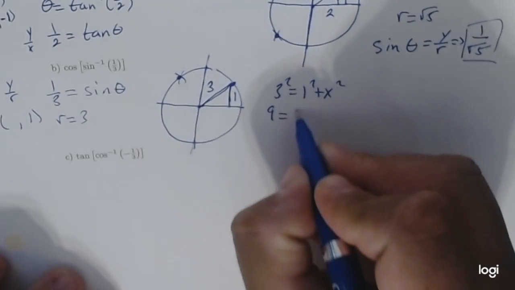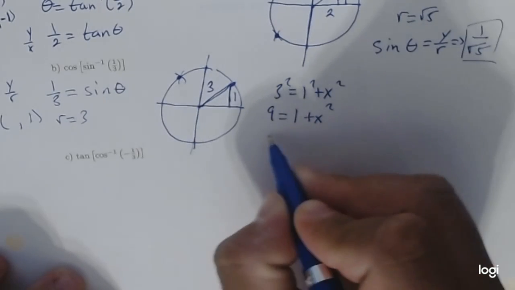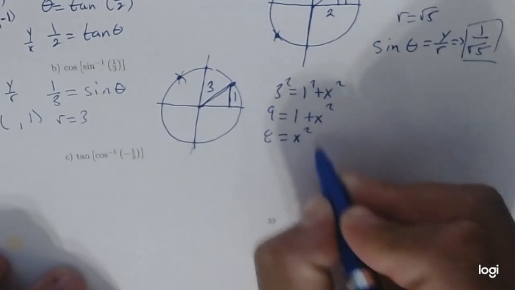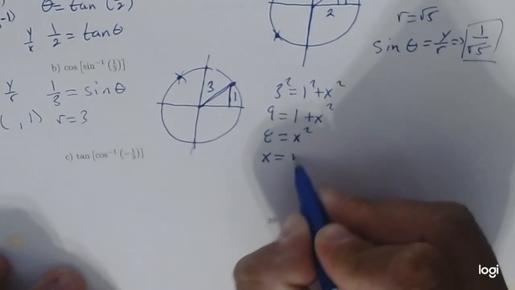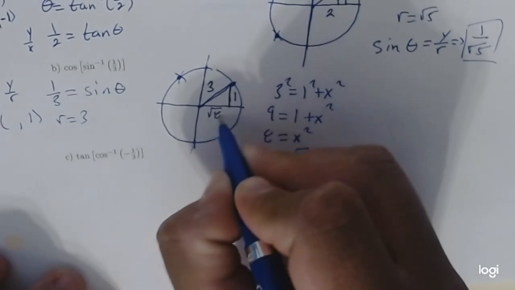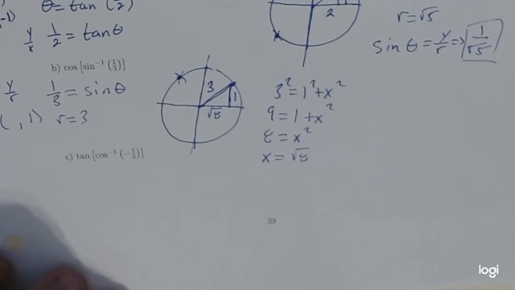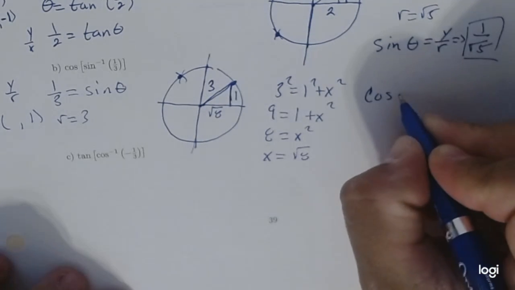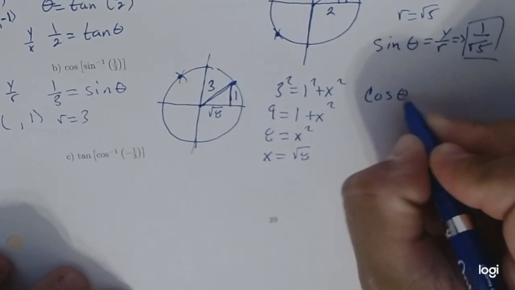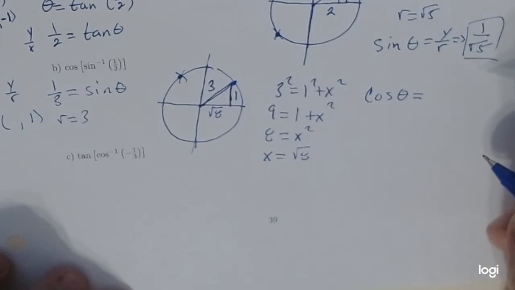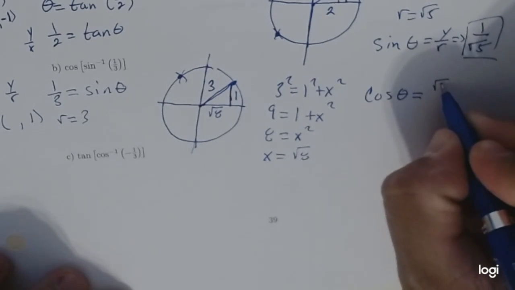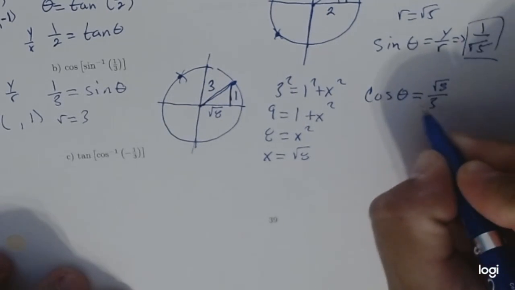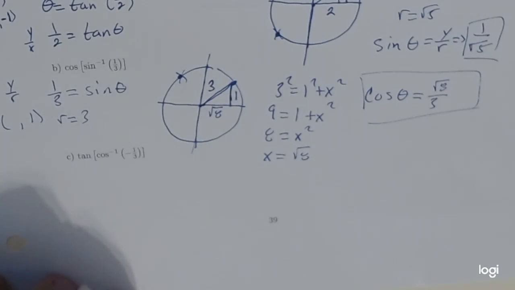This is 9 minus 1, which gives you 8. So x is radical 8, or you can use 2 radical 2 if you want. It doesn't matter. Now we have cosine. Cosine theta is the x component over the radius. So our x component is radical 8 over our radius, which is 3. And there we go. That's how we do these problems.